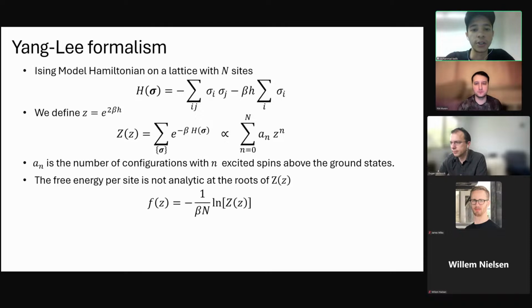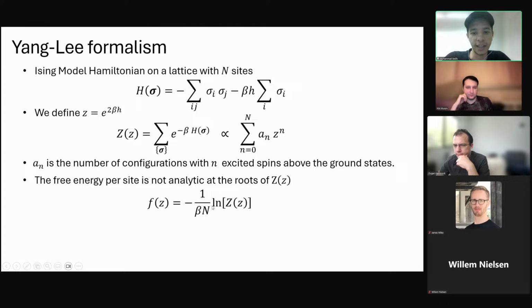First of all, we could see that if the partition function is a polynomial, then the free energy has to be analytic everywhere, except when the partition function vanishes. From complex analysis, that's a true statement.